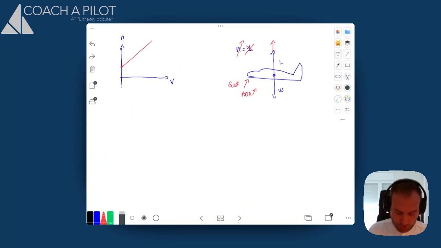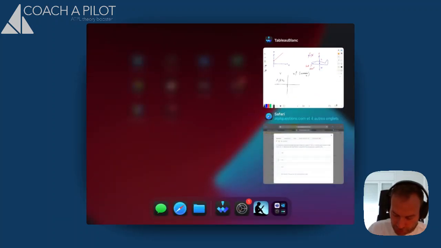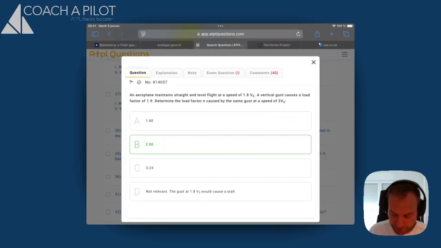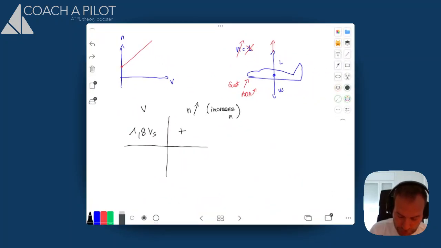Okay, so then we can just draw simply a table that represents the speed at which we are flying, that was 1.8 Vstall, and the increase of load factor. Okay, so if the load factor is, let me check again, 1.9, actually the increase is only plus 0.9.